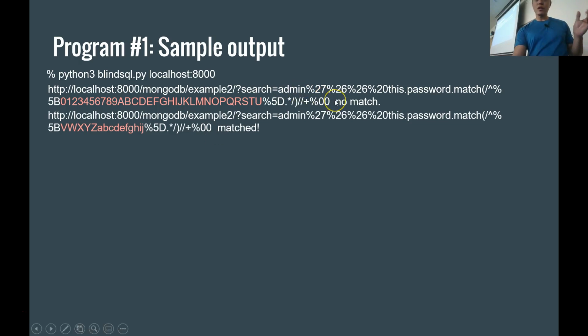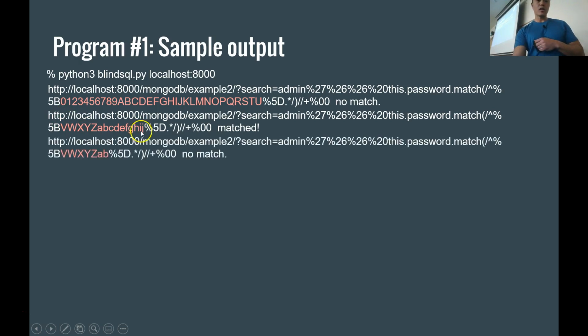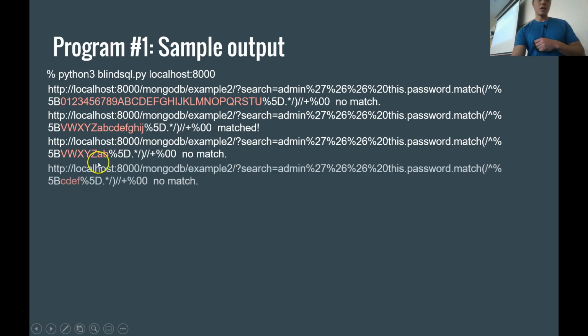So as with the Natas levels, if there's no match on this end, then you go to the other end, take the first half of the other end, and then it matched, so then you take the first half of the match. This doesn't match, so then you search the other half, the first half of the other side, and then the first half of the other side, C, D, E, and F, is no match.